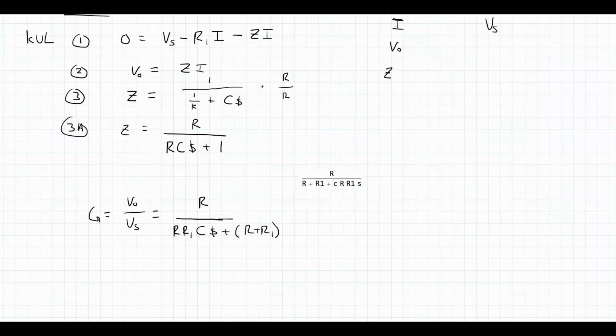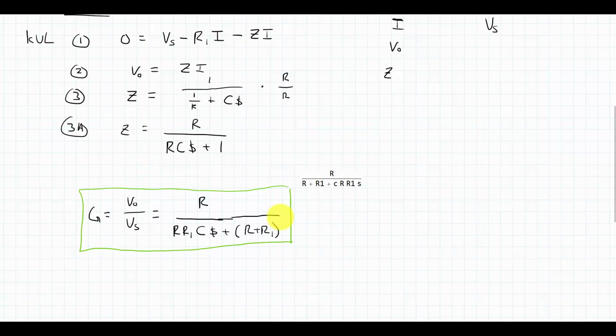I'll put them into parentheses there just to remind me that those 2 terms are my constant term in the denominator. So if I were to put this into MATLAB, that R plus R1 goes into that constant spot. And then this is my final transfer function in the form we want it, descending powers of s.